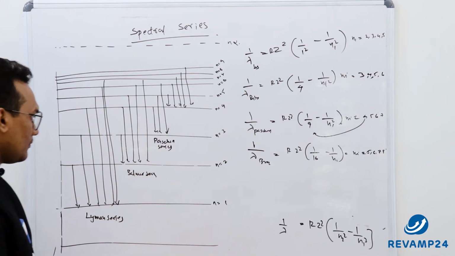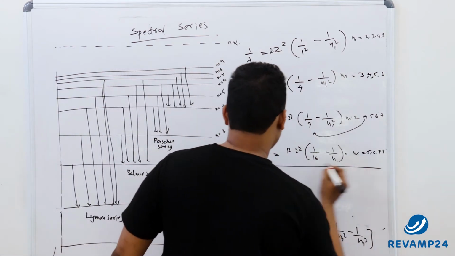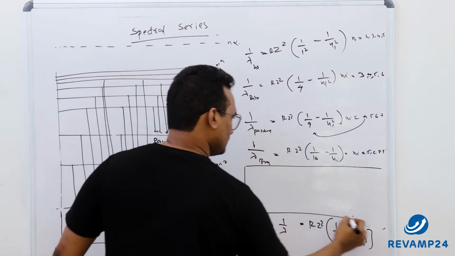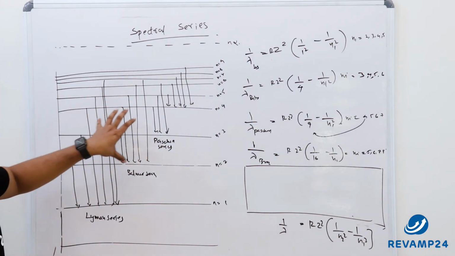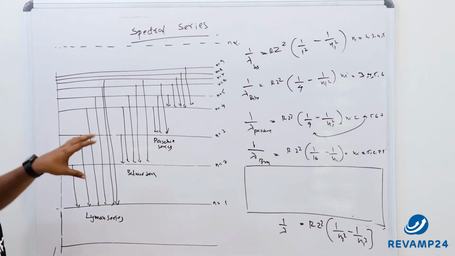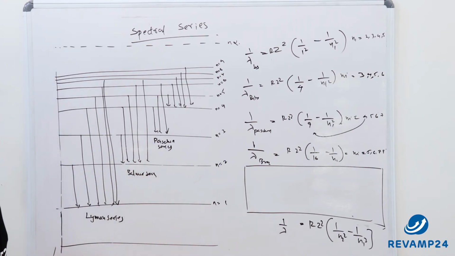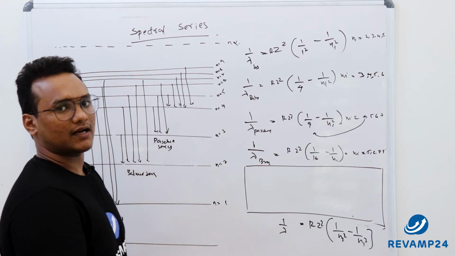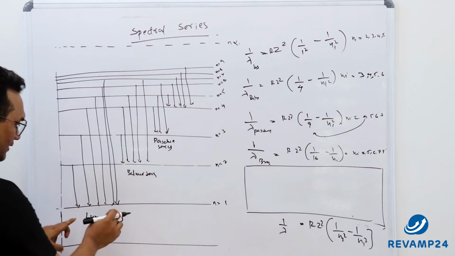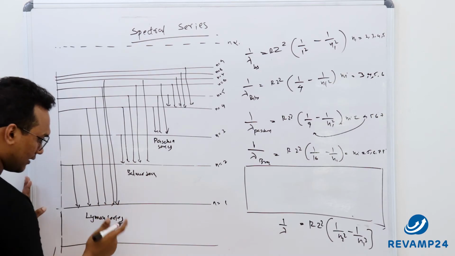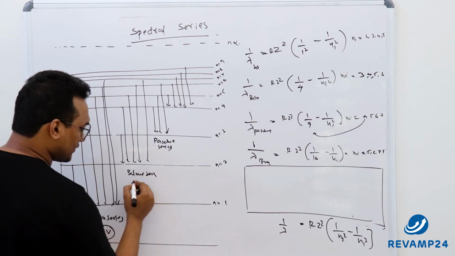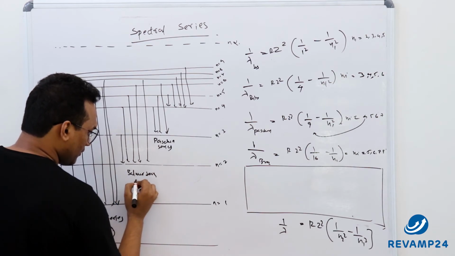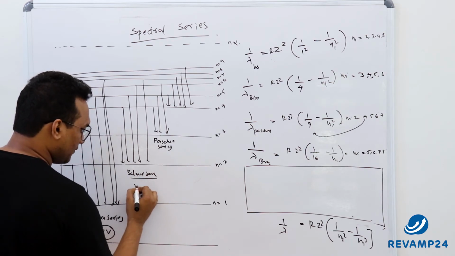Now these are the energy differences, and these are the photons emitted. When you check these emitted photons against the electromagnetic spectrum, you will see that the Lyman series radiation comes in the ultraviolet region. The Balmer series will come in the visible spectrum.